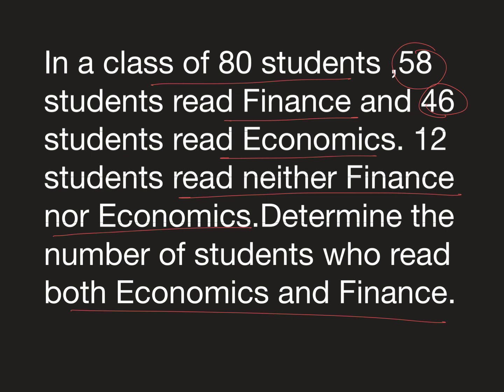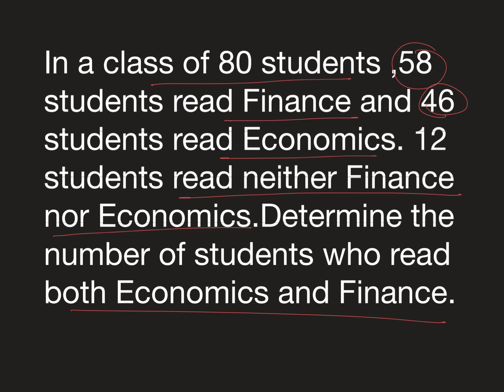This question is a bit different from our previous question for the fact that we are having students in the class who are not reading finance or economics, and that number is 12. So we have to understand how to deal with this problem.